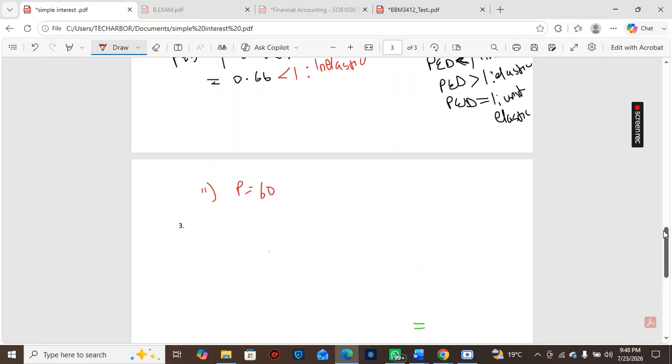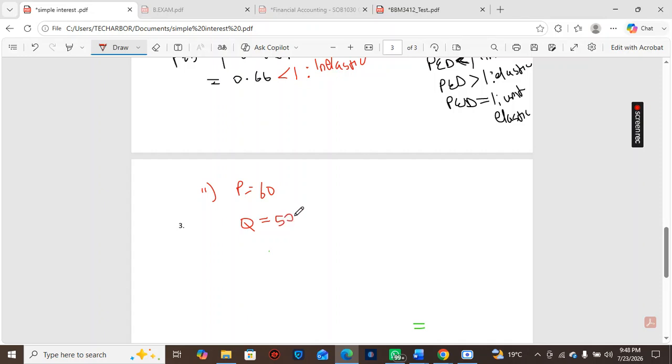So number 2, where P equals 60 ngwe. Remember, we have to find the quantity when P is 60 ngwe.